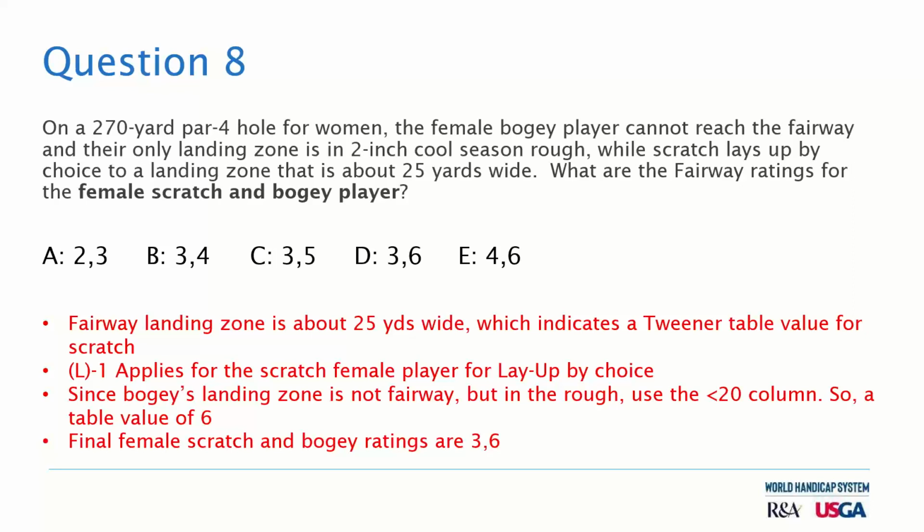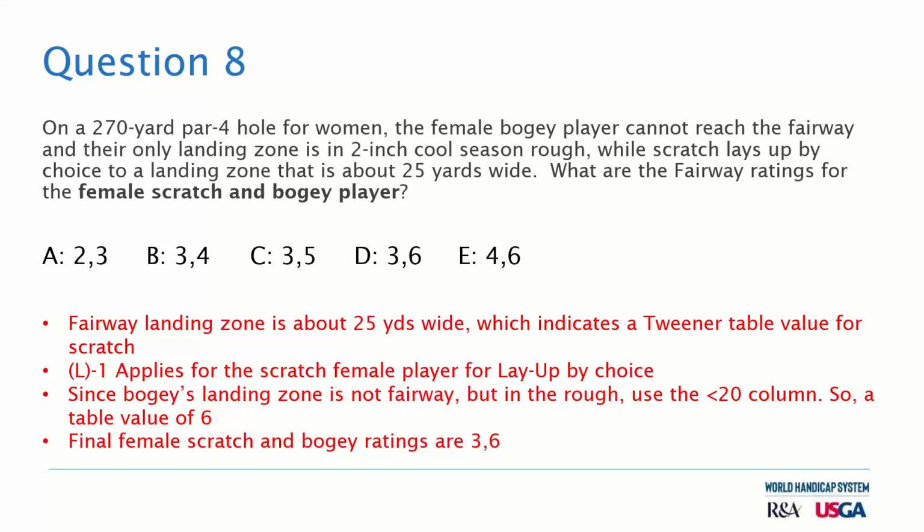Also, we can talk about the W adjustments that could be there. Certainly if the question had talked about light rough, and it indicated that the hole could just easily be played from the rough as it is in the fairway, certainly looking at using the W-1 or W-2 could be in play. However, with it being from 2-inch cool season grass and a bogey player, regardless of gender, scratch or male, having to hit another shot into a green, certainly difficult for these players.